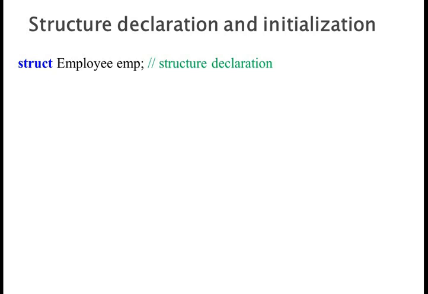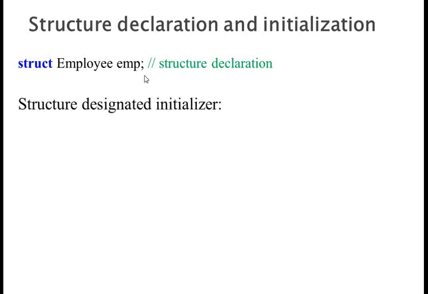So struct means you are declaring a structure. After that, what kind of structure do you want to declare? Let's say you have 2-3 types of structure, for example employee, student, date, just like that. So struct employee EMP is a structure, but what kind? The answer is, it is employee type.